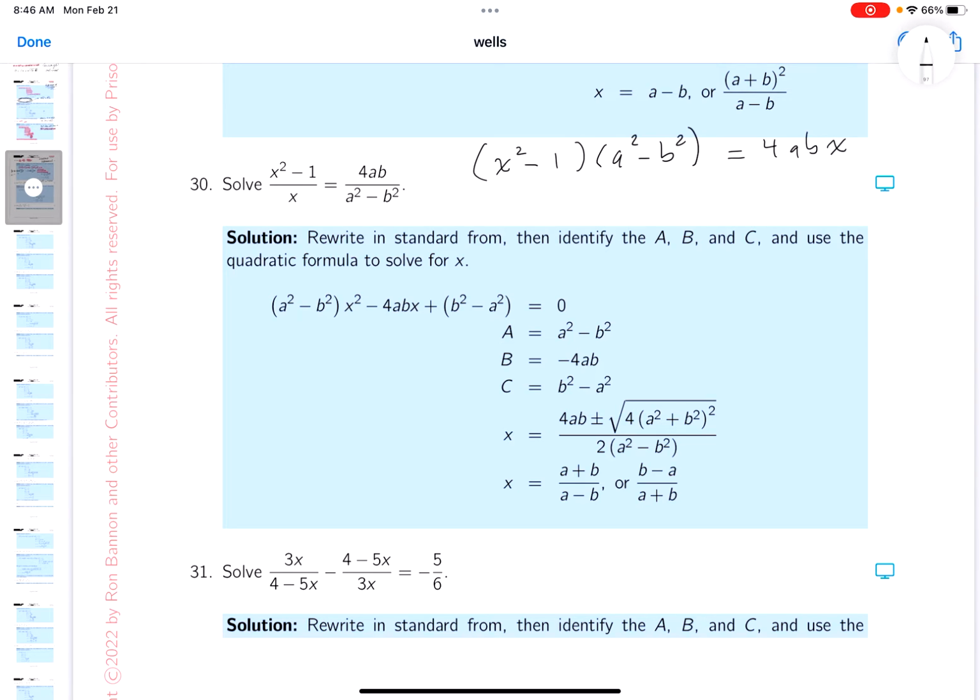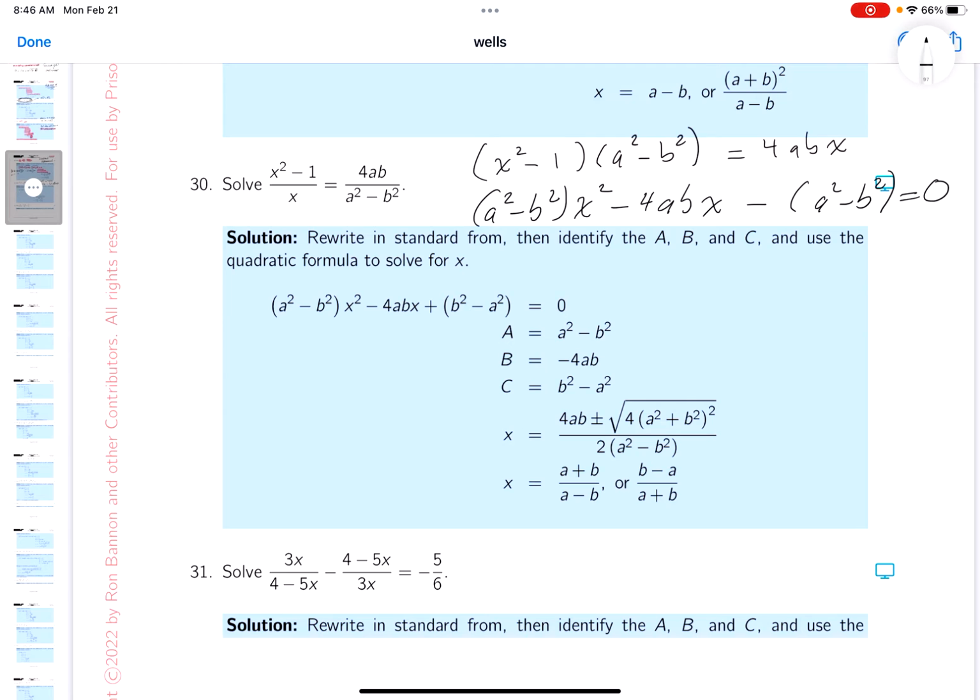All right, so I kind of see the standard form now. And what do I see? I see a squared minus b squared x squared, and then I'm going to see minus 4abx minus a squared minus b squared equals 0.